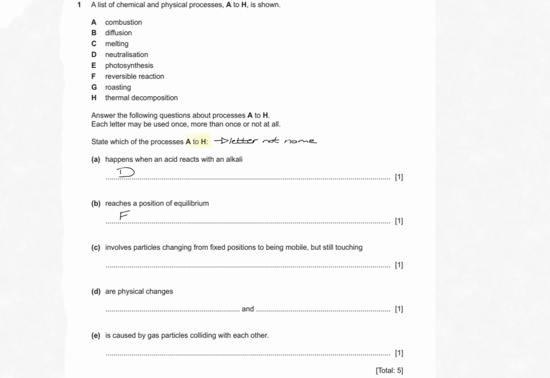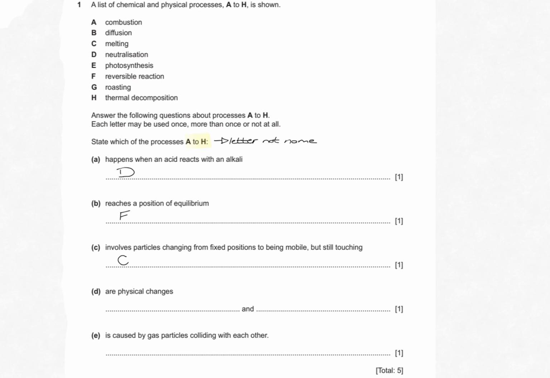Now fixed position refers to a solid, whereas mobile but touching refers to a liquid. Now when we go from a solid to liquid, we're melting a substance. So the answer would be C.